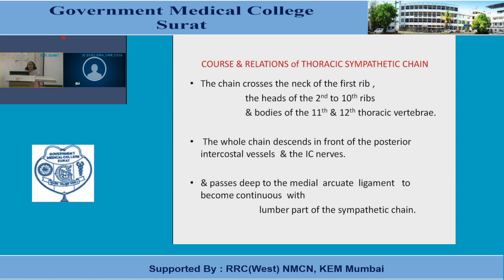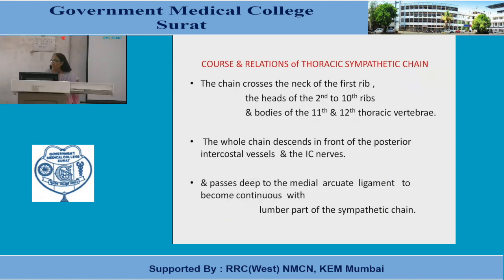So at the posterior end, what are the parts? Head, neck and body of the rib. So the chain crosses the neck of the first rib, then the heads of the second to 10th ribs and the bodies of the 11th and 12th ribs and thoracic vertebrae. So the chain crosses all these three.